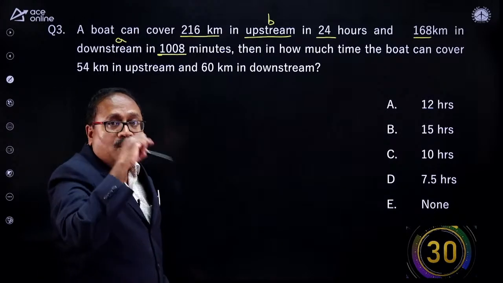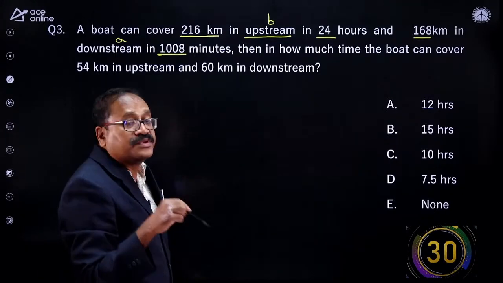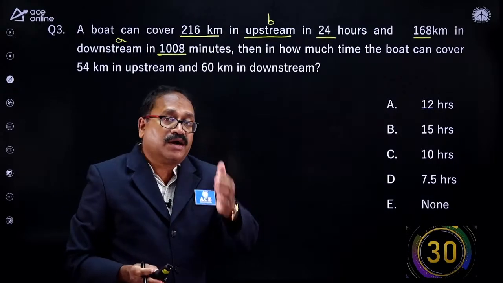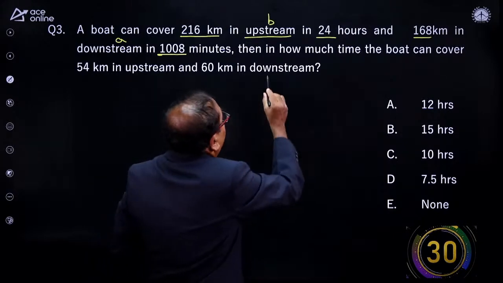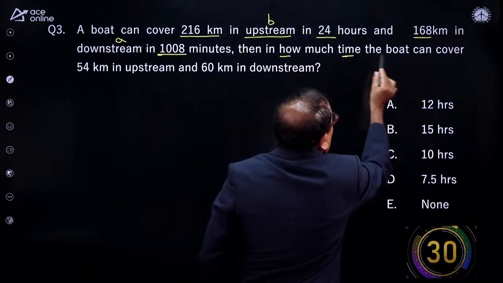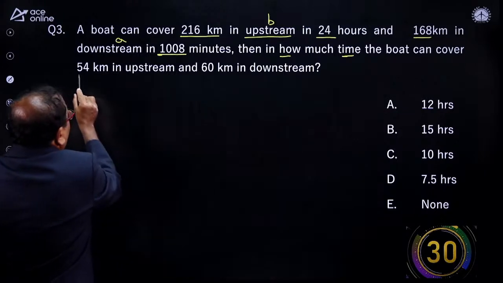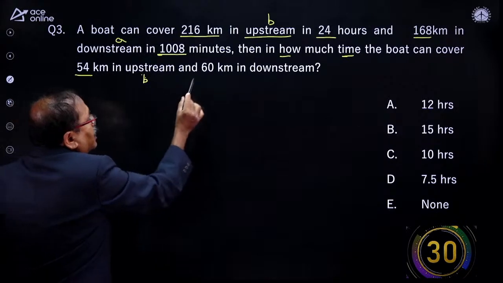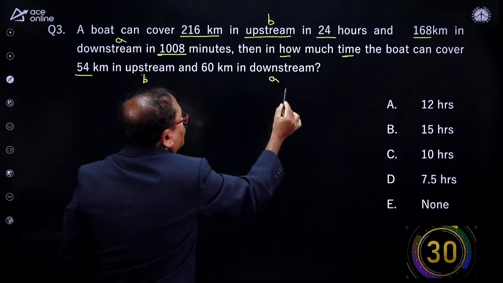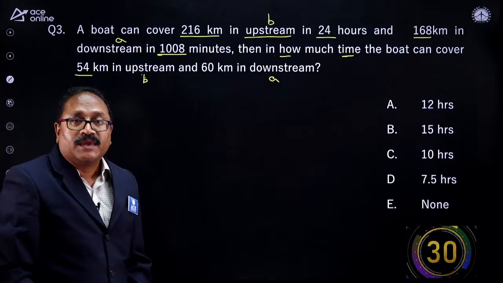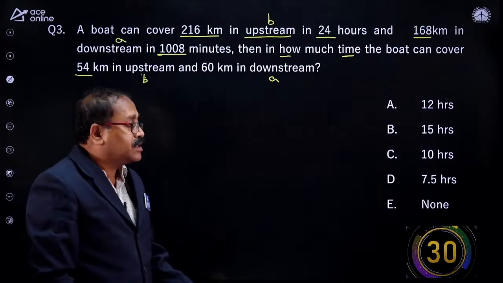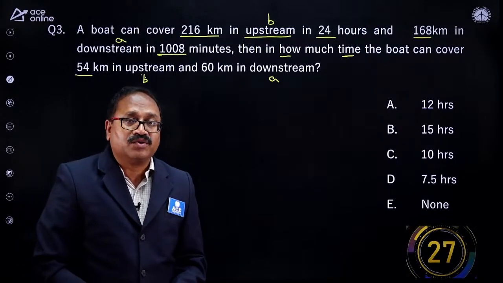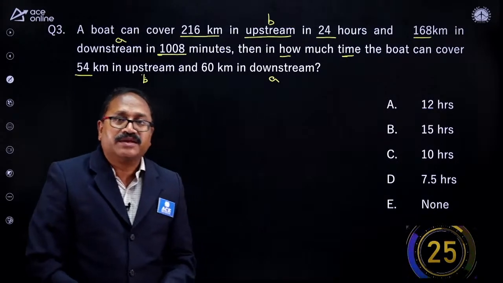Certain distance is covered downstream and certain distance is covered upstream. Distance and time is given to us. We will get the downstream speed and upstream speed. उसके बाद क्या हो रहा है देखिए, in how much time the boat can cover 54 kilometer upstream, this is B, upstream, and 60 kilometer downstream, which is A. आप ट्राई कीजिए, हमें 30 सेकेंड दे रहे हैं, just try to understand the question, if possible answer it.